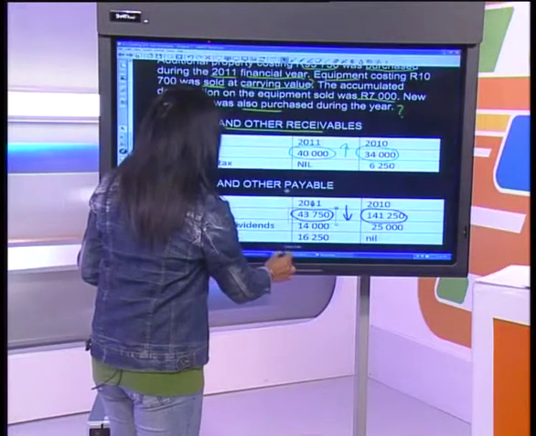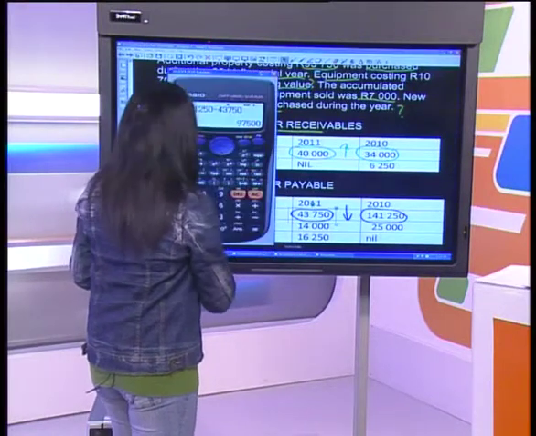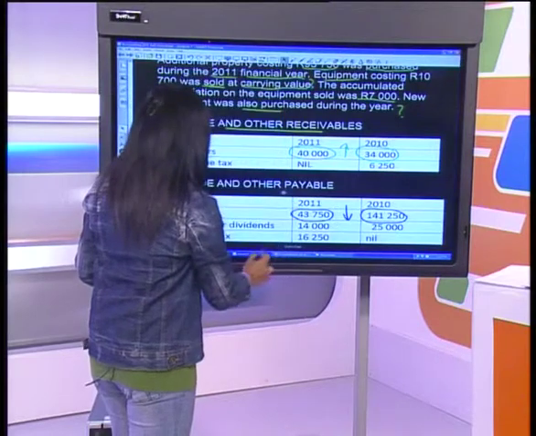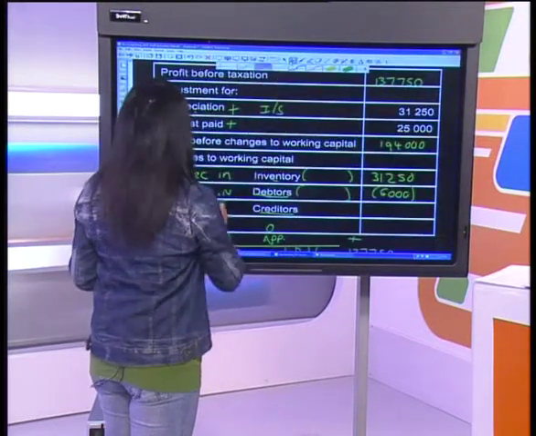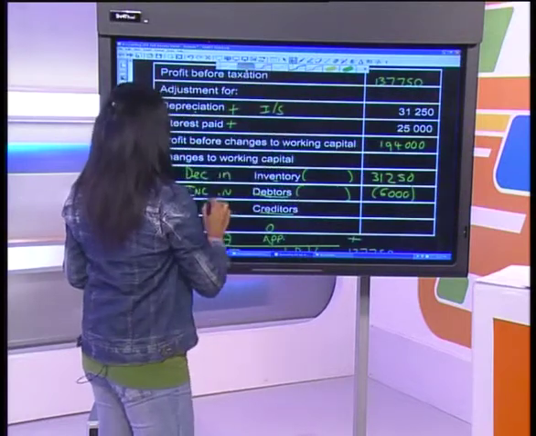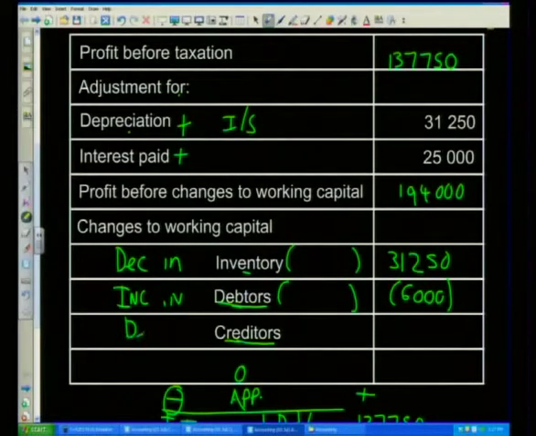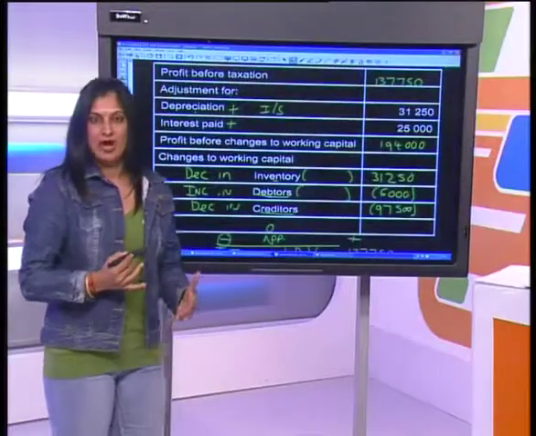So let's change that. There's been a decrease in creditors, and the amount was 97,500. And remember, people, this needs to be in brackets.